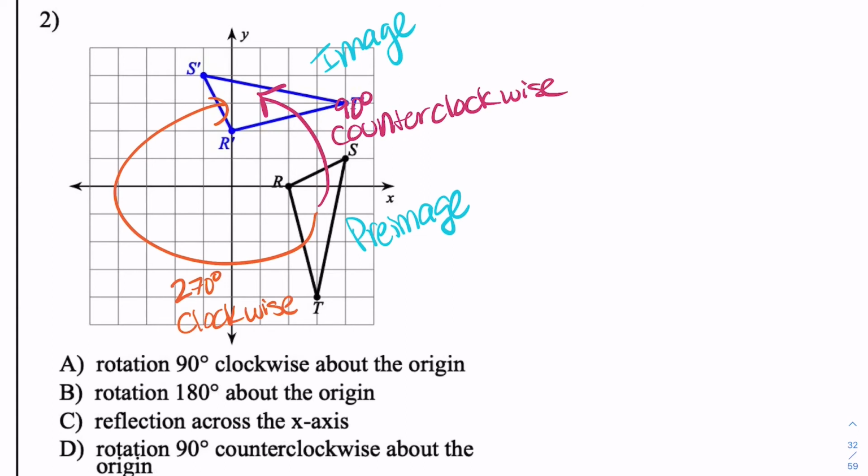So the answer is not 90 degrees clockwise. It's not 180 degrees. It's not a reflection. So the last option is our 90-degree counterclockwise rotation about the origin. So the answer for this one is D.